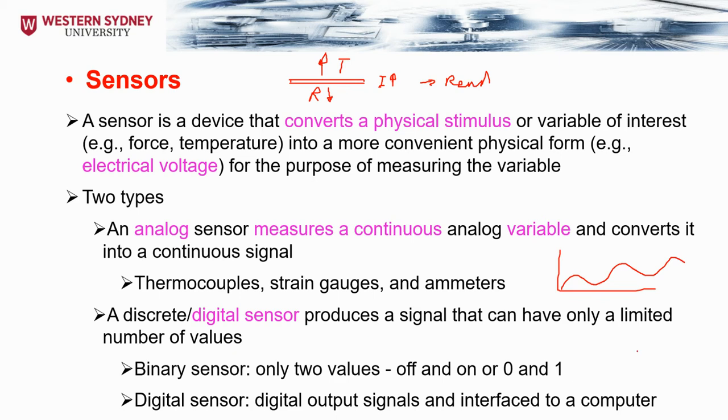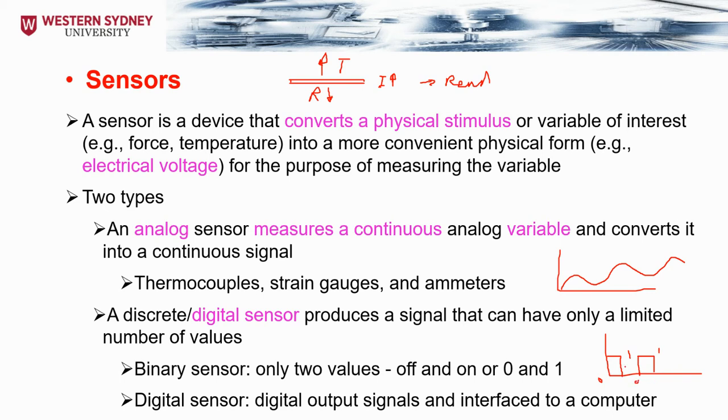In the case of the discrete, we're going to have it as pulses, or for example, like the on and off. So reading is either going to be 1 or it's going to be 0. Okay, so either 1 or 0.